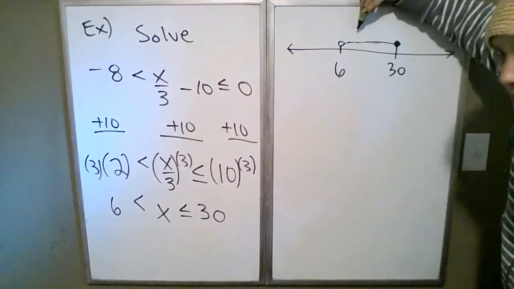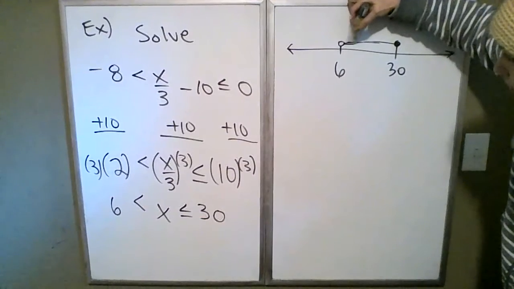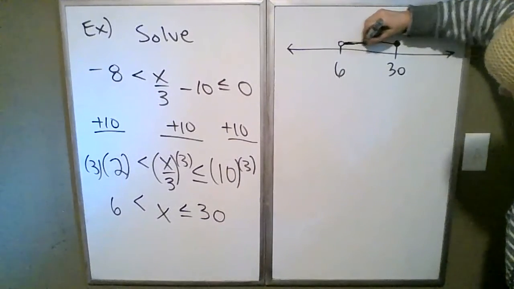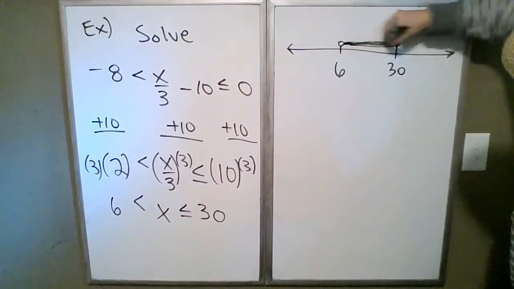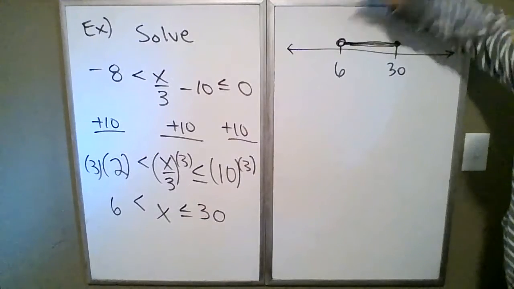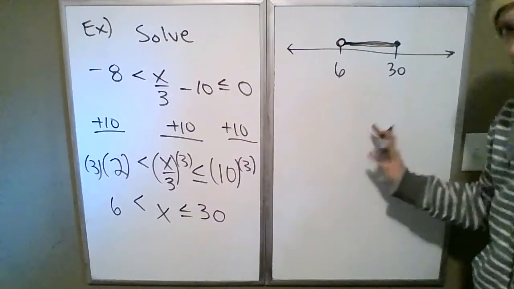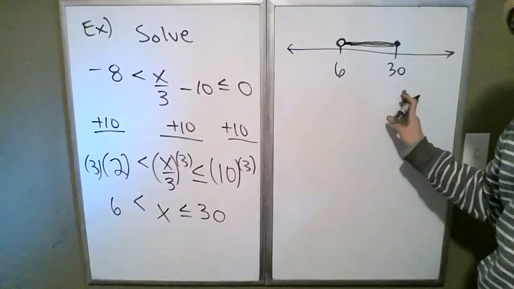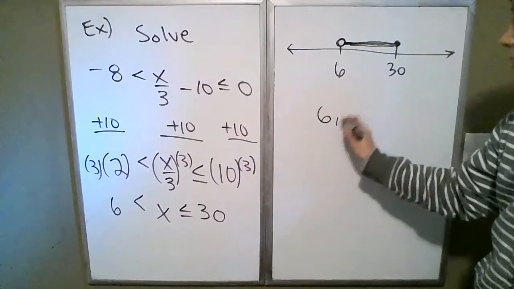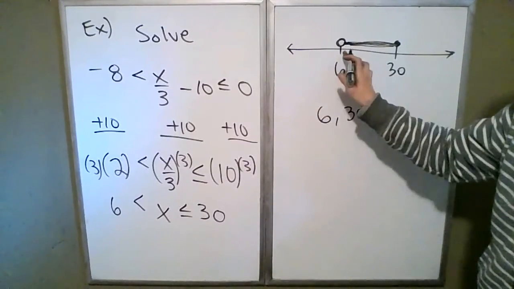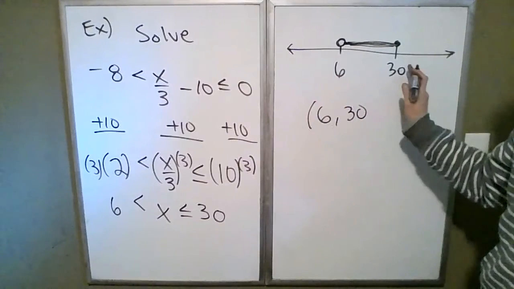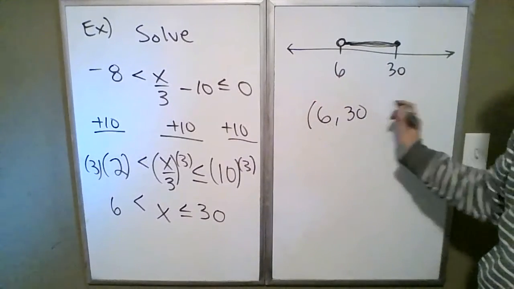So you can go over test points if you like, but I've kind of got a whole idea. This is what we want. Your set goes from the smaller number to the larger number, 6 over to 30. Do not include 6, but you are going to use 30 in the set.